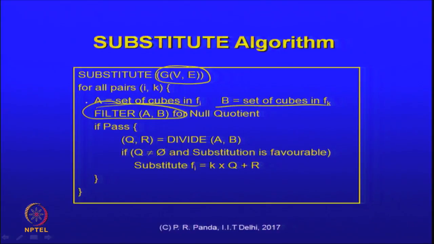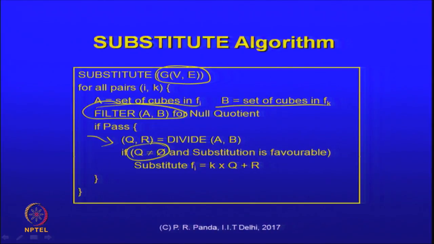All those rules you could apply and check whether you can just filter out that division. If it is passing, then you can go ahead and obtain the quotient and the remainder by actually applying the division algorithm. But these rules are very simple, so you do not have to perform the division, which might be a more expensive operation in general.